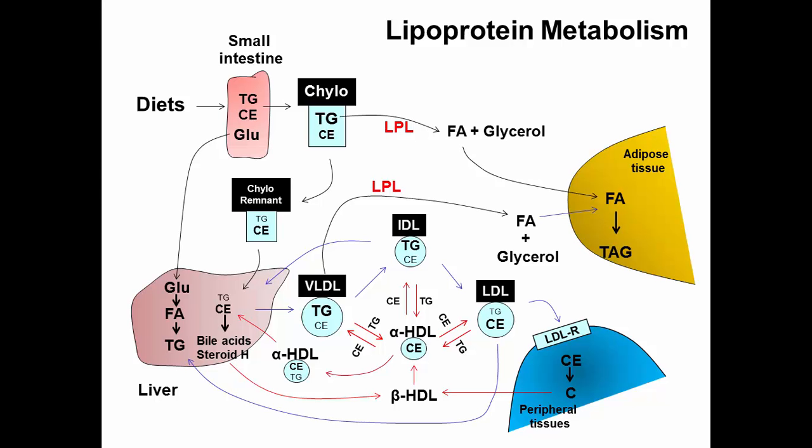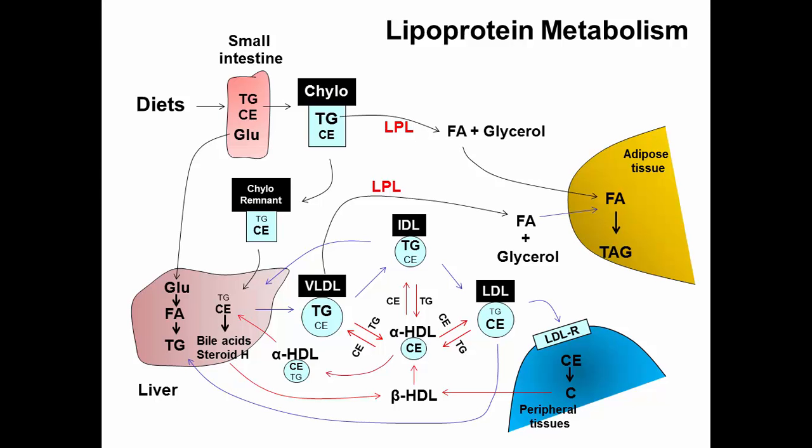Esterification, right? The free cholesterol has to be esterified to cholesterol esters, which occurs in the plasma in the circulation, and then there is also exchange of lipids between these lipoproteins, right? So alpha HDL eventually becomes cholesterol rich and also gets triglyceride from VLDL, IDL, LDL, right?